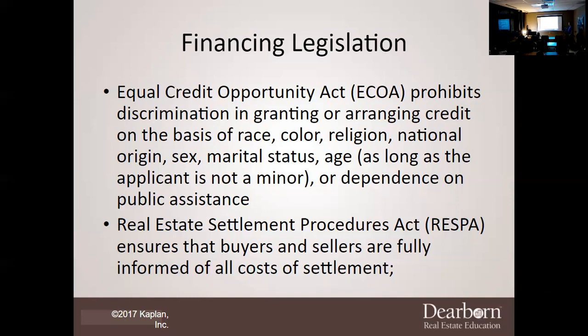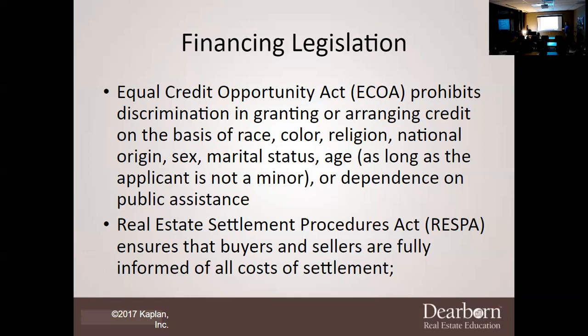So in that situation, you're going to have to know, because they're going to ask you on the test, which of these acts protects against race, color, religion, national origin, sex, marital status, age, or dependency on public assistance. And they're going to say ECOA, the EEOC, the RESPA, or none of the above.